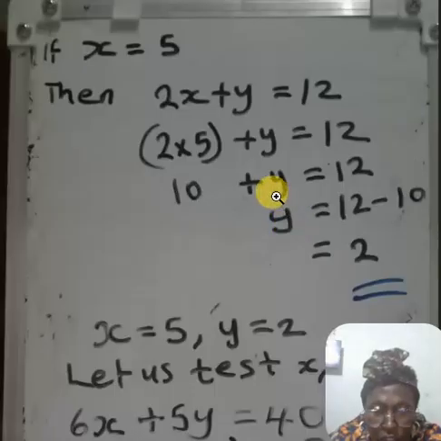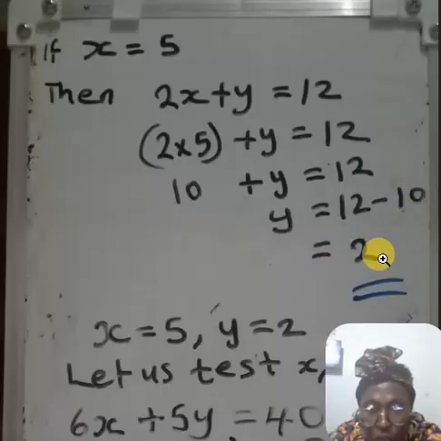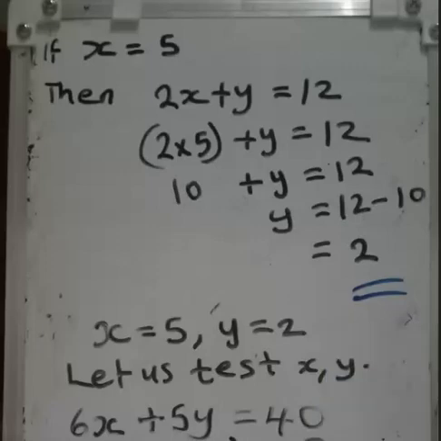Now we're trying to find what y is. So we leave y on this side and we take 10 to the other side. Plus 10 on this side, once it gets crossed over to the other side, it becomes a minus. It becomes the opposite. So y is equal to 12 minus 10, which is 2. Now we have that y is 2 and x is 5.